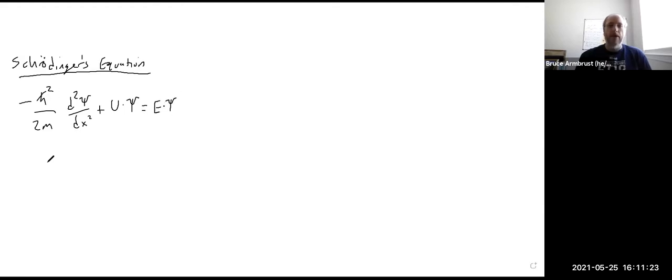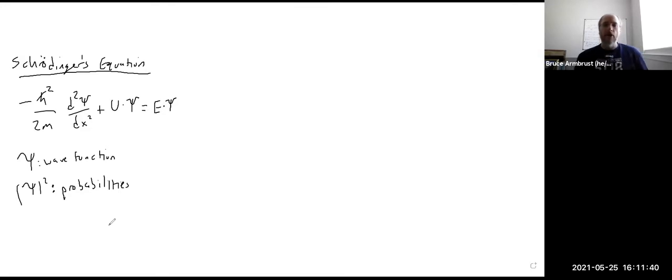All right, and remember what psi is. This is the wave function. And it's the thing where psi squared gives us the probability. Right, so that square of psi is going to give us the probability of finding the object at any specific location.